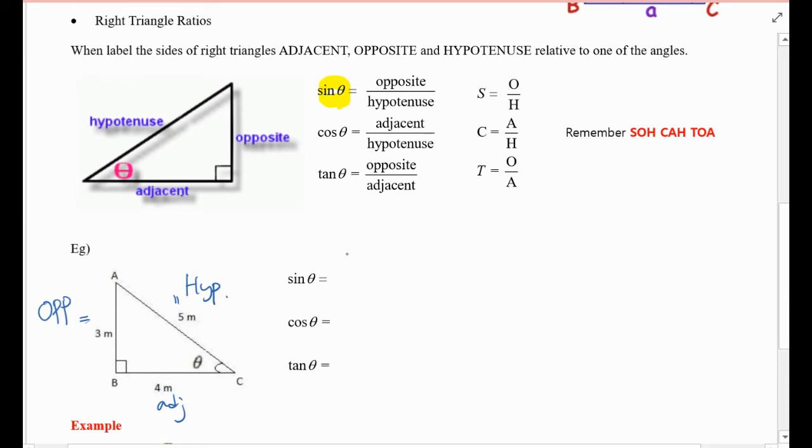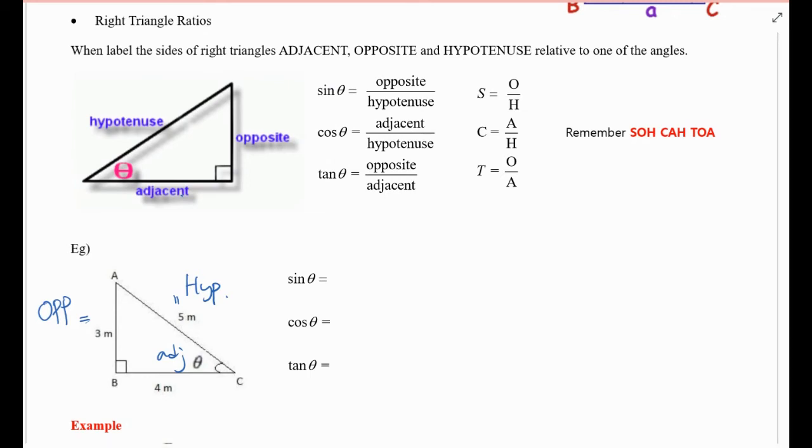What about cosine theta? The value of cosine theta is adjacent divided by hypotenuse. And tangent is opposite over adjacent. Okay? So those are 3 different ratios, and you have to memorize this.